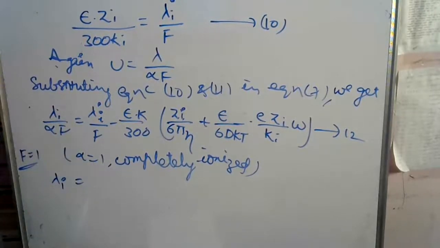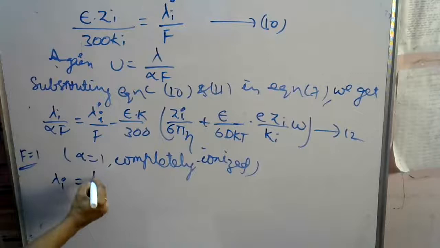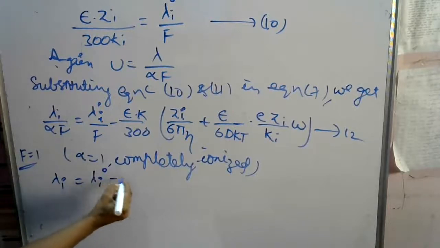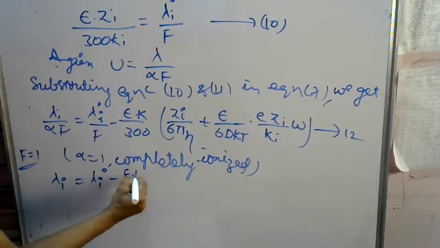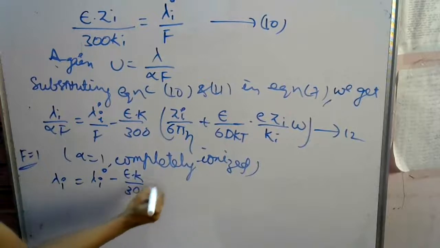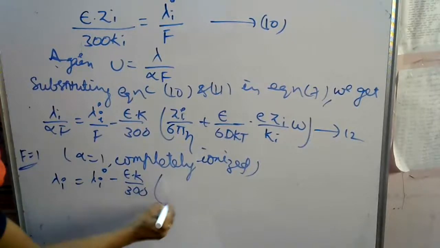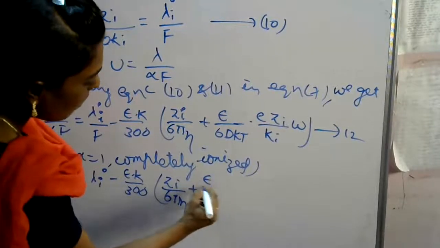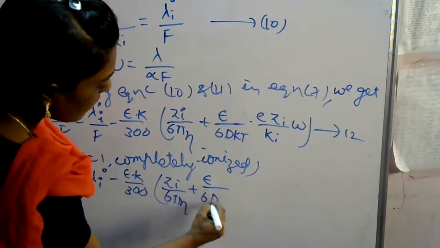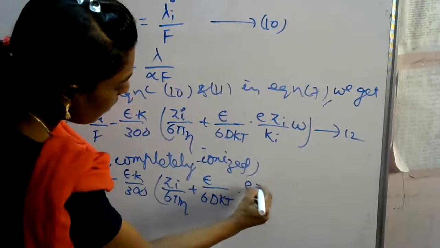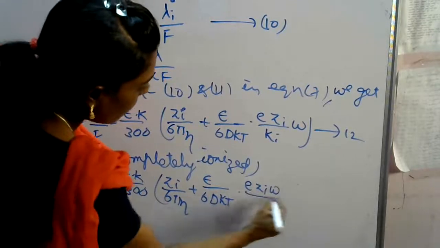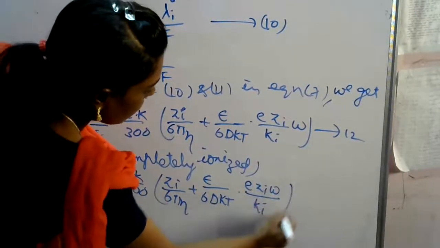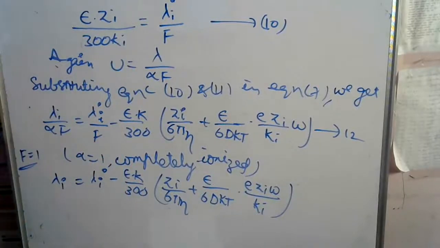So we get only lambda_i. Lambda_i is equal to lambda_i naught minus epsilon K by 300 into Z_i by 6 pi eta plus epsilon by 6 d K T into epsilon Z_i omega by K_i. This is equation 13.